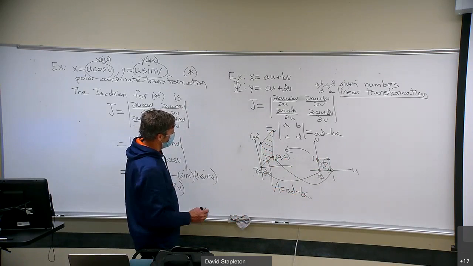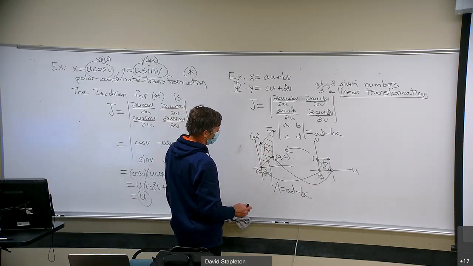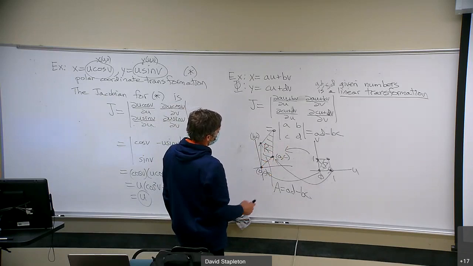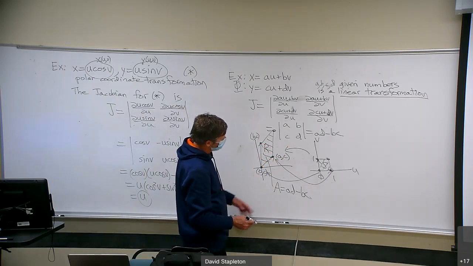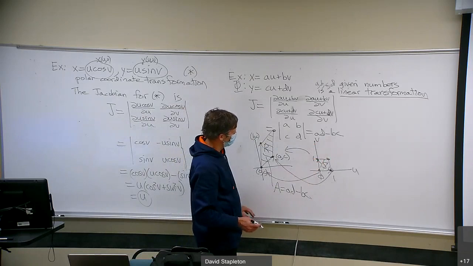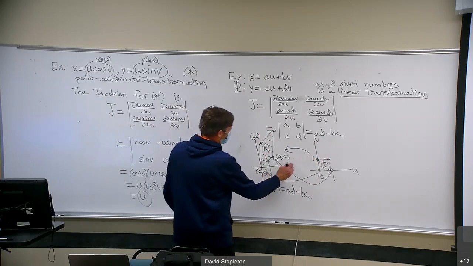And so the region R has this magnification factor, AD minus BC, precisely what the Jacobian is. So the Jacobian is the magnification factor to map these rectangles that we did for adding up integrals in this plane into parallelograms that we want to add up in this plane in the XY space.